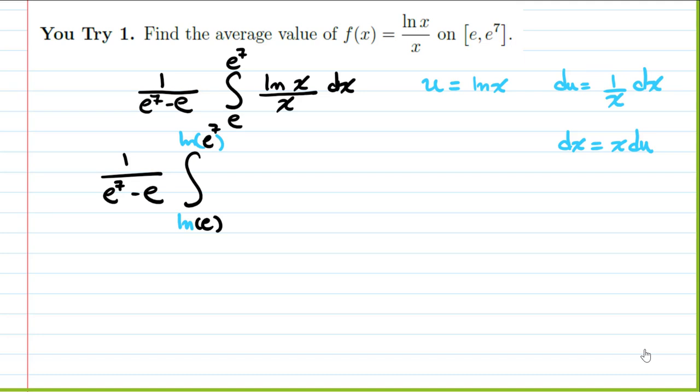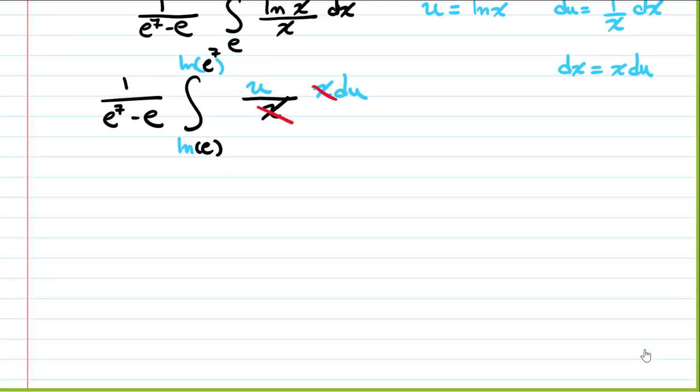And then our ln x becomes a u all over x, and our dx becomes x du. Our x's reduce out, and we can reduce some of the other parts as well. The natural log of e is equal to 1, and the natural log of e to the 7th is 7. And we're left with u du.